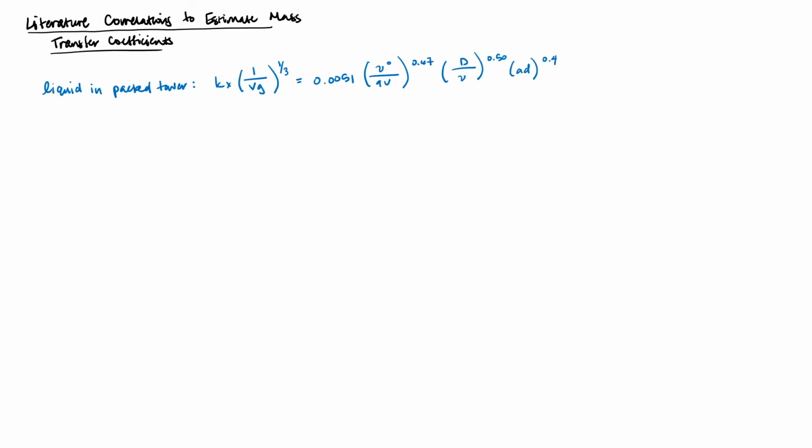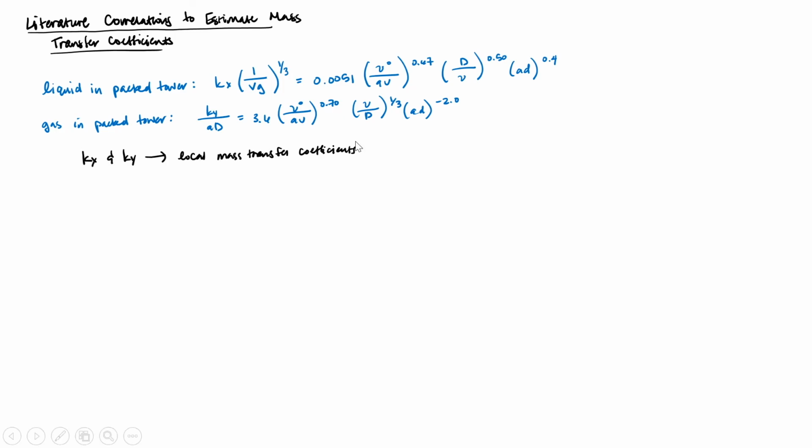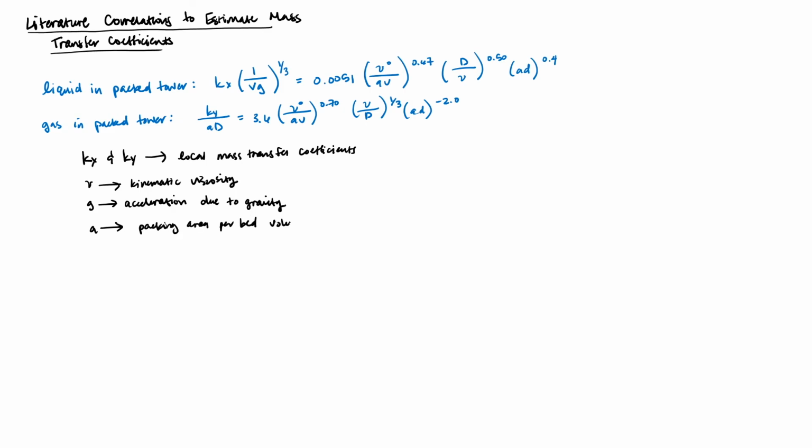Literature correlations have been developed in order to find both the liquid and gas local mass transfer coefficient. V is equal to the kinematic viscosity, which has units of meters squared per second. Gravity has units of meters per second squared. A represents the packing area per bed volume in meters squared per meter cubed.